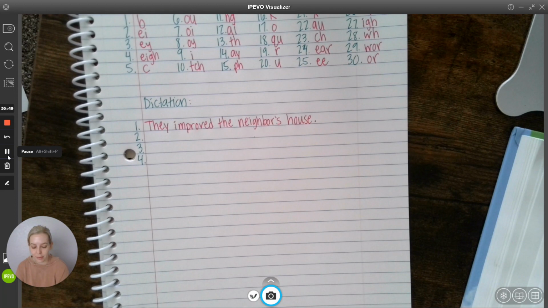Number 2, the waitress collected the money at the table. The waitress collected the money at the table.